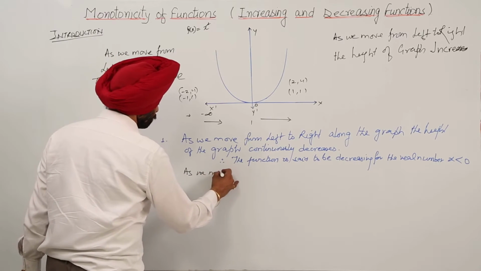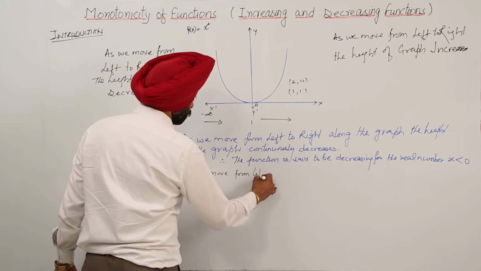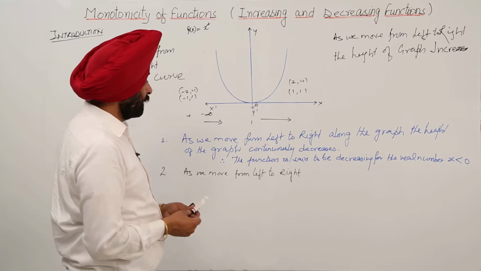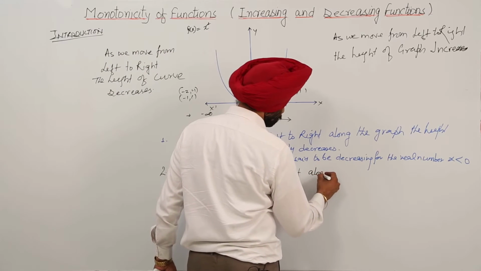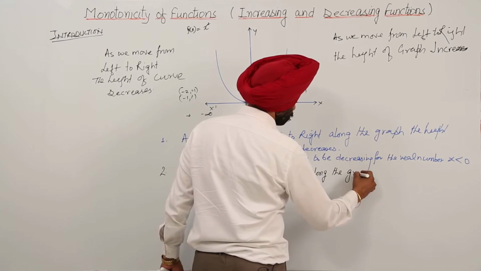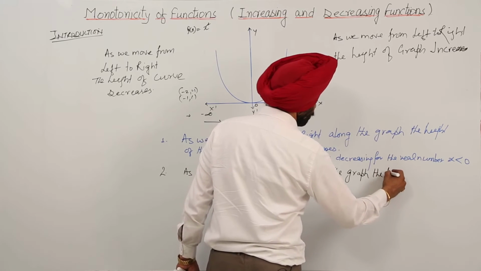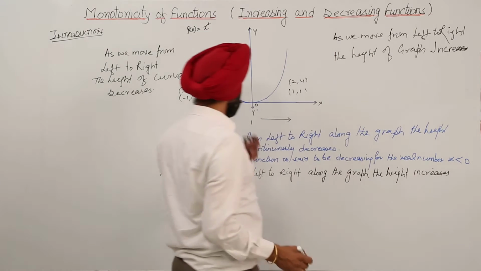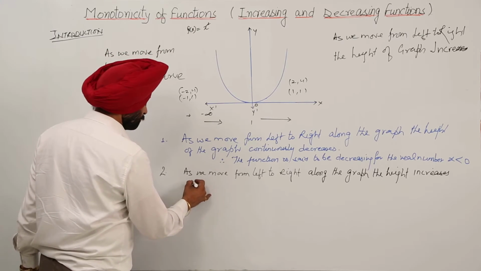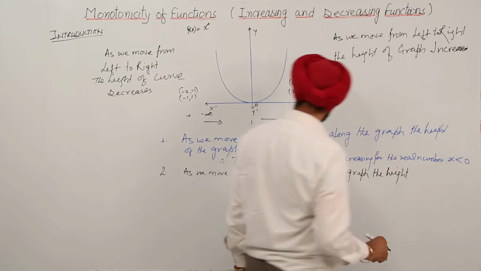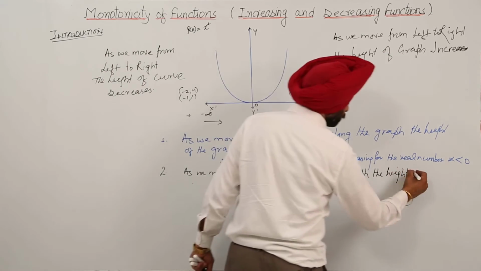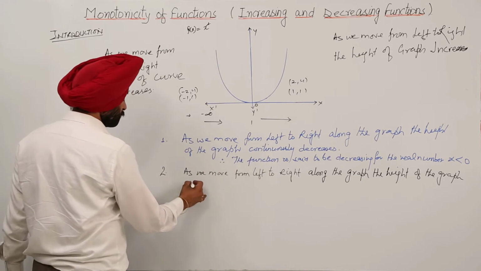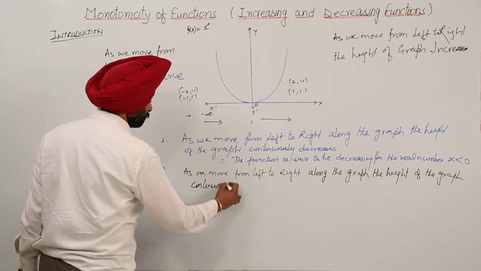As we move from left to right along the graph, the height of the graph continuously increases.